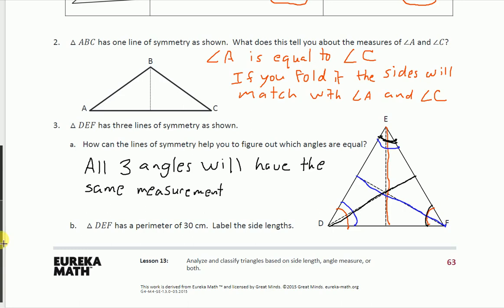And we could conclude too, if you look at this, we can conclude that this is an equilateral triangle. So all the sides are also equal length.